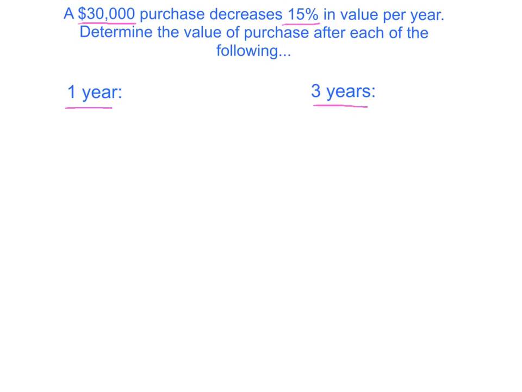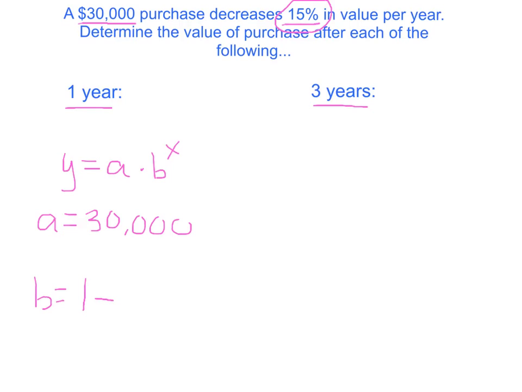So to write the equation, y equals the initial amount, A, is $30,000. And then B is the decay factor, so 15%, but remember we have to do 1 minus 15% as a decimal, 1 minus 0.15, which equals 0.85.